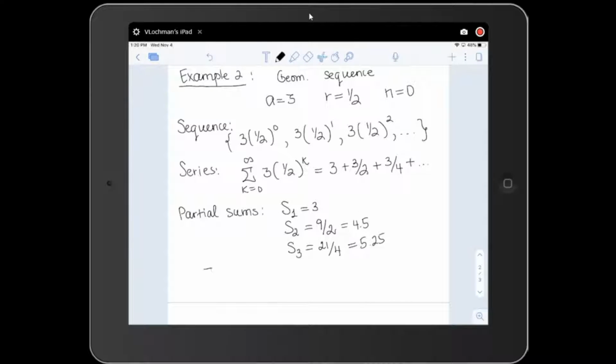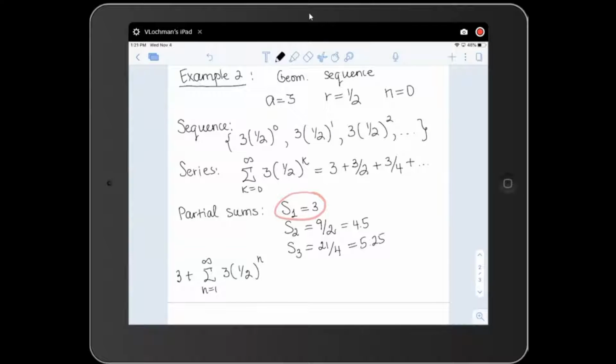We need our summation that goes from n is equal to 1 to infinity of 3 times 1/2 to the n. We do have this term 3 right here, which is not part of the formula because we need to start with n equal to 1. So we can think about it as 3 plus the summation right here. I pulled that first term out, so the index starts with 1.